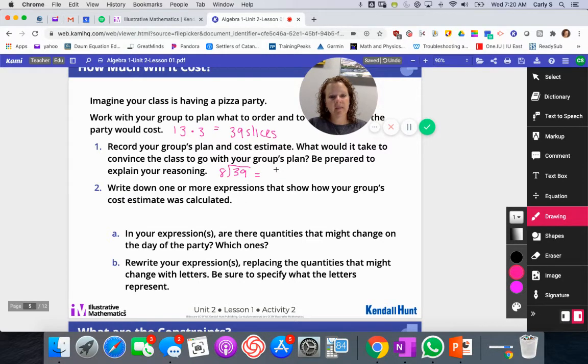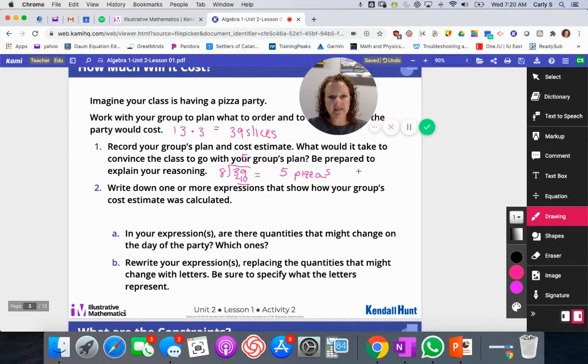So we need 5 pizzas. That would be 40 slices, and we have 1 piece of pizza left over. So we need 5 pizzas, because 8 slices apiece is 40 slices of pizza. Cool. Look at us doing all this math.